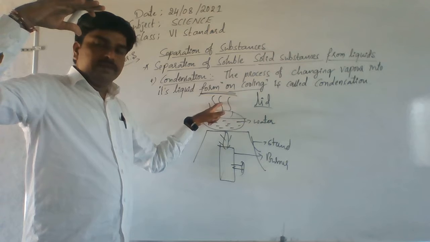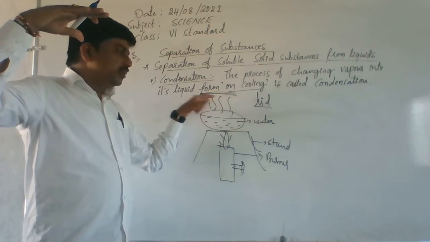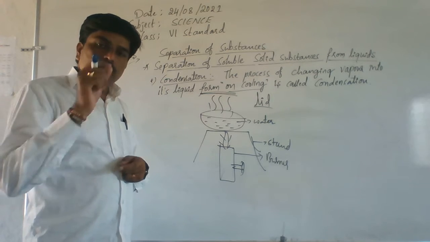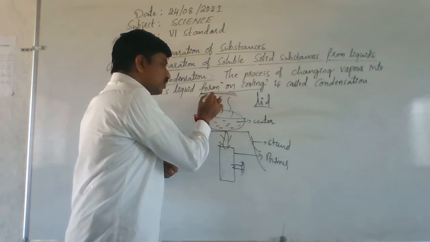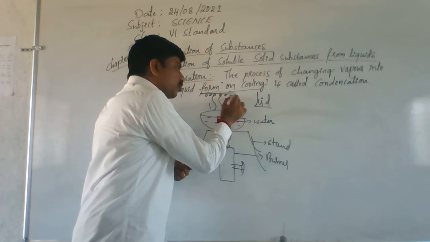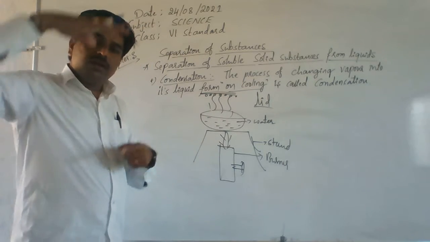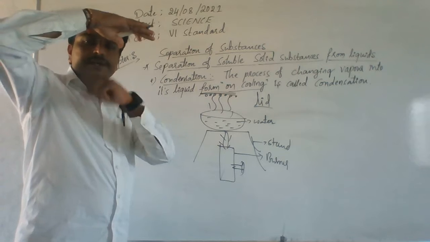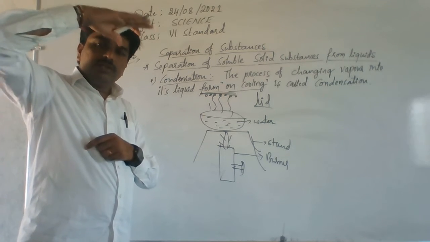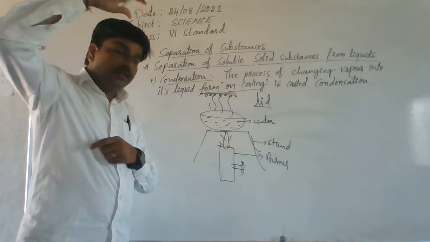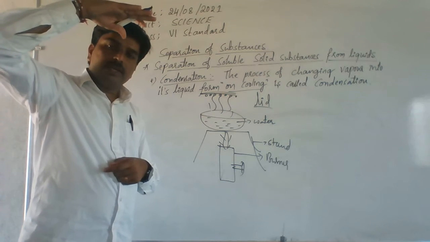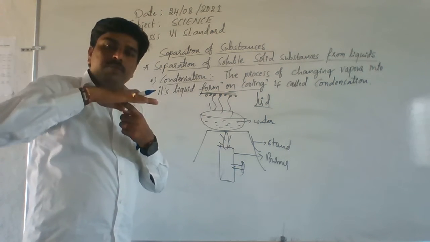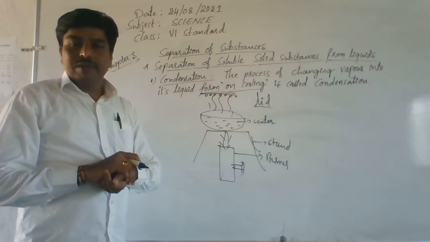On cooling, this water vapor turns again into liquid. You can see small droplets of water on the surface of that lid. The lid cools the water vapor, and the water vapor turns again into liquid form.